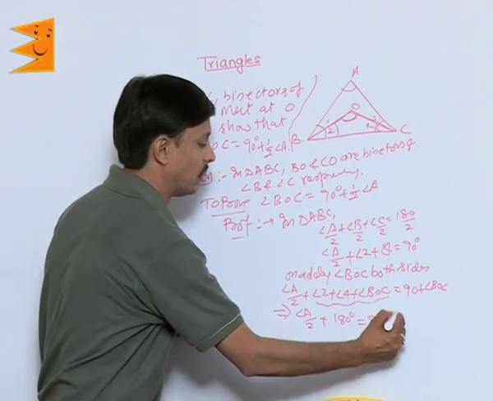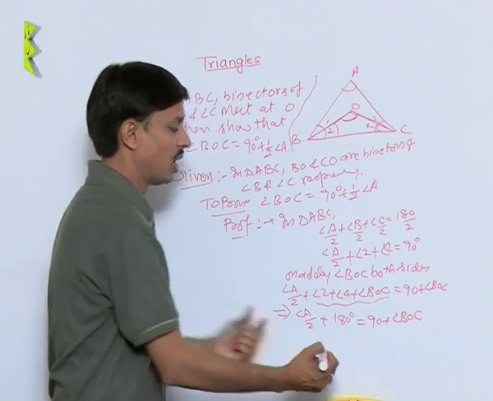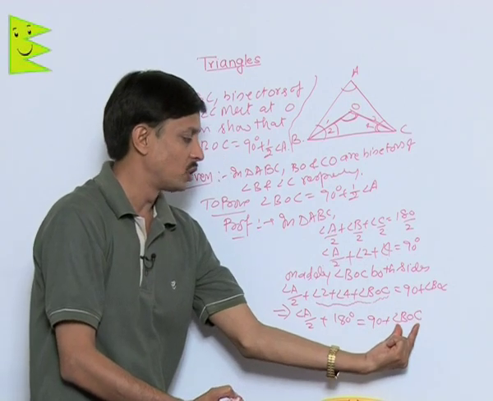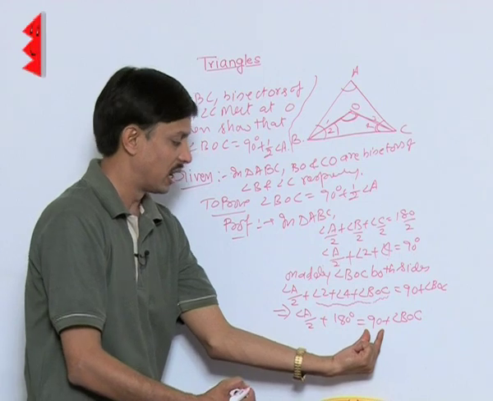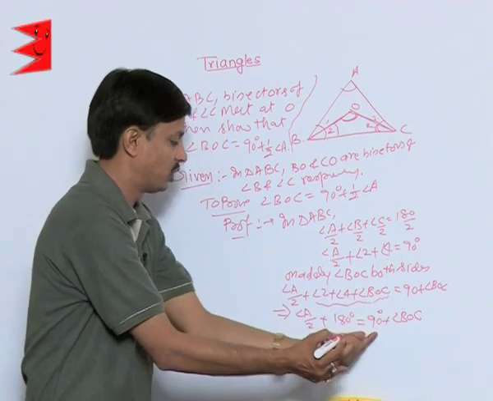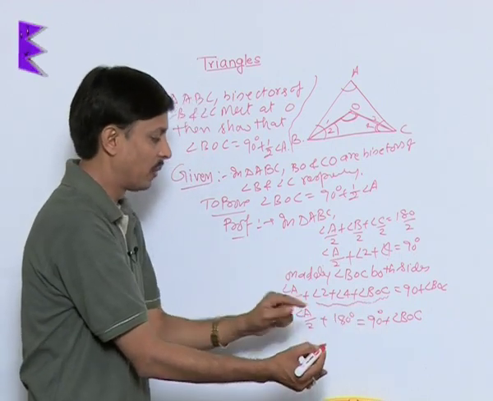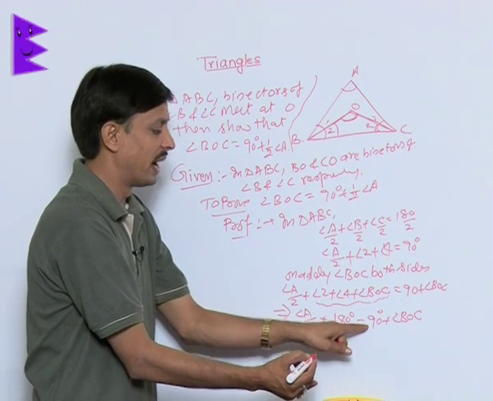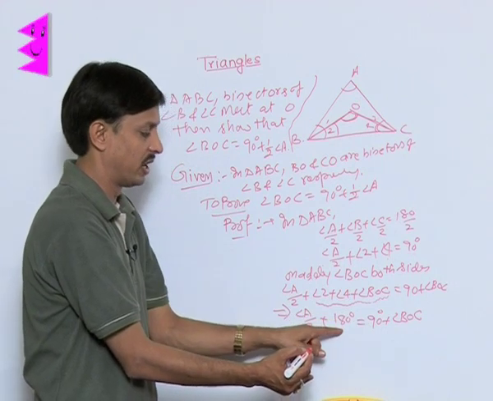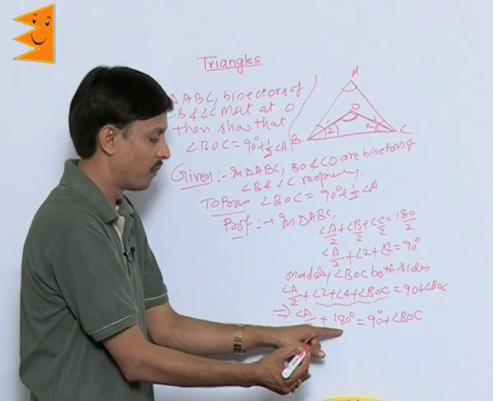RHS is 90 plus angle BOC. I want to extract angle BOC, so I am bound to transfer this 90 degree from RHS to LHS. So what will happen? When this positive 90 comes from RHS to LHS, it will get subtracted from 180.